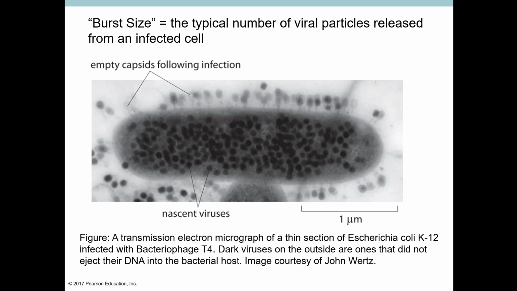And it depends on the virus, but you want to think of burst size being 100 or more, sometimes 1,000 per life cycle. So one virus can become 100 or 1,000 within less than an hour, typically. And that amount of time depends on what kind of virus it is.